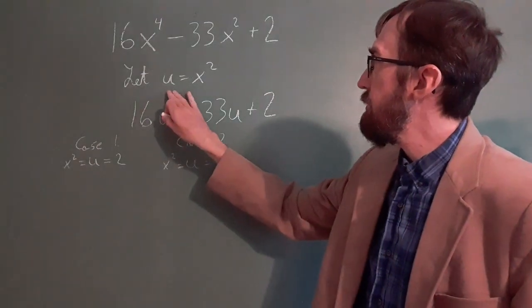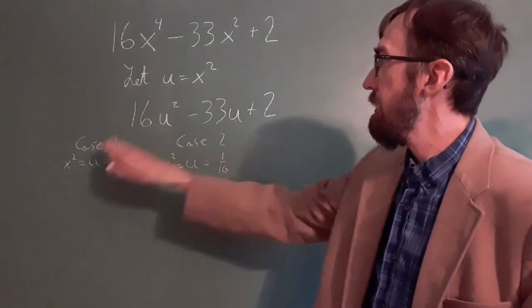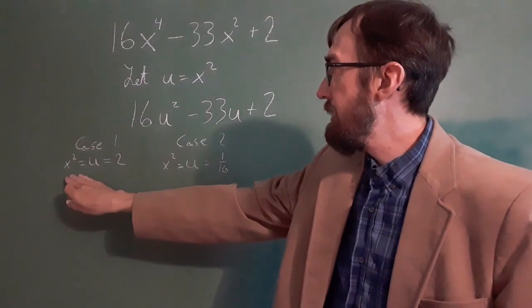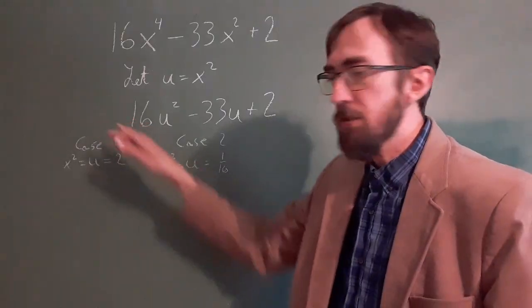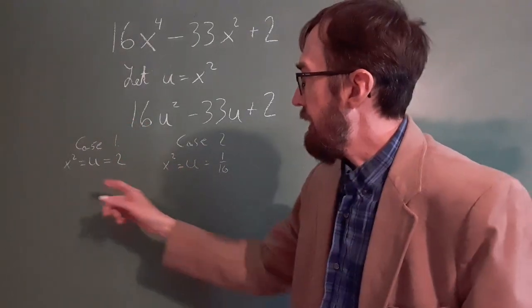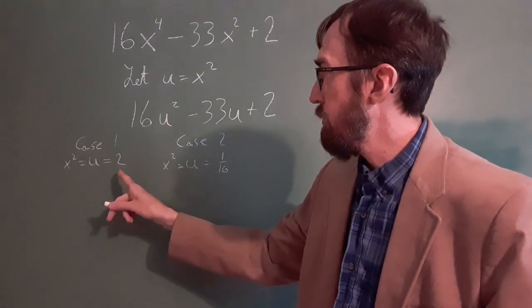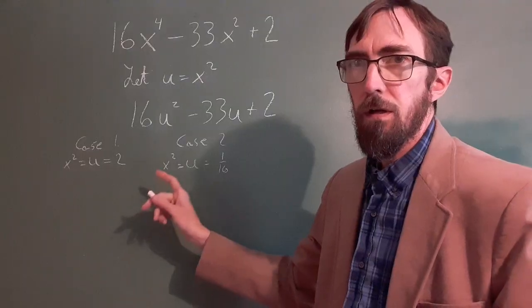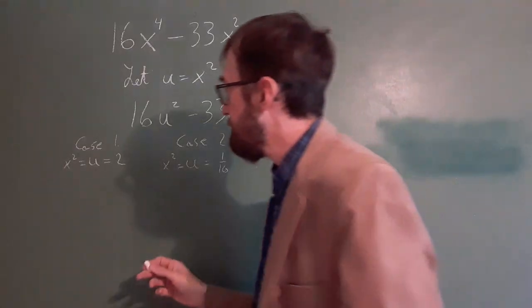Since we substituted u is equal to x squared, x squared is equal to u, which is equal to 2. To solve for x here, I am going to take this to the 1/2 power. So I'm going to get that x is equal to either the positive or the negative of the square root of 2.